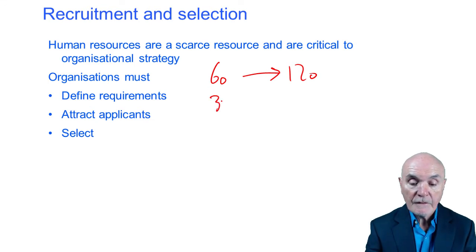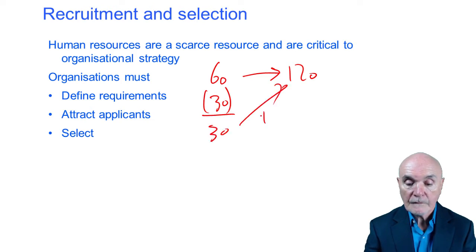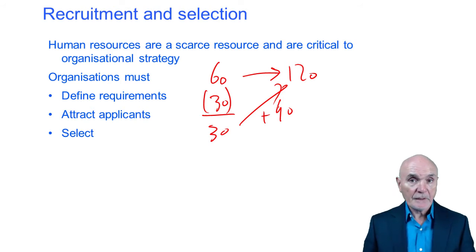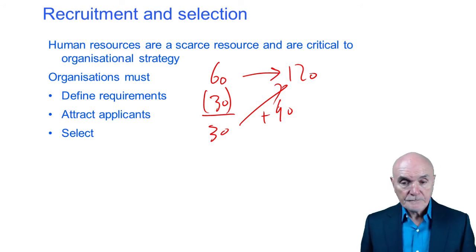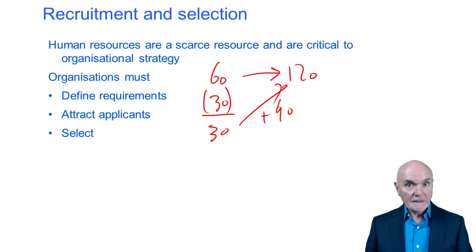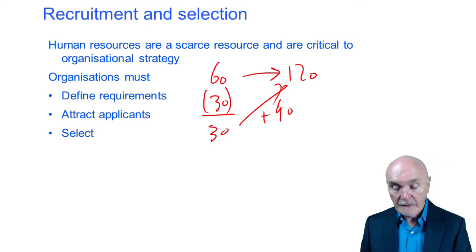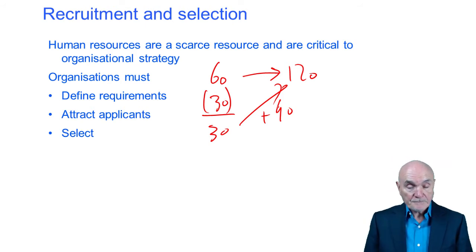So there's going to be 3 off there, we're down to 30. Therefore, we know that our recruitment target is going to be about 90. It won't be exactly 90. Different things will happen. Predicting 3 years ahead is not going to be precise.